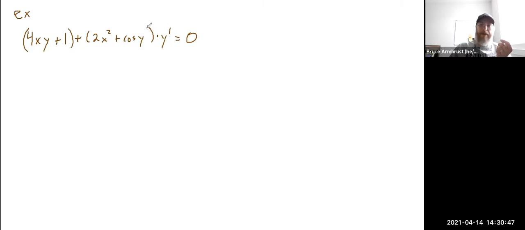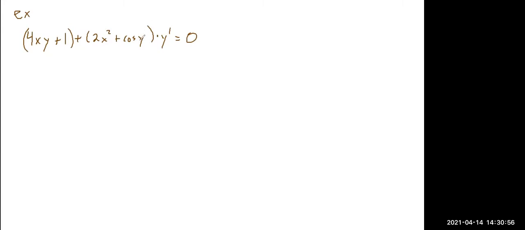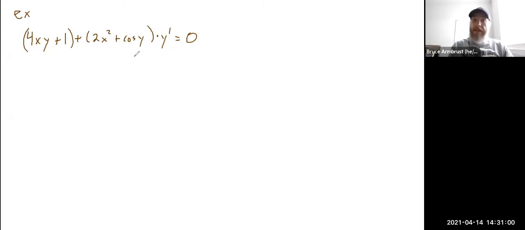No. Cosine of y definitely tells us it's not Bernoulli. And is it one of the new homogeneous ones? Not even close. It's not cosine of y over x, and there's no way we're going to make it a cosine of y over x. So it's none of the other forms. But it definitely has the potential. Get it? It's got the potential of being exact.